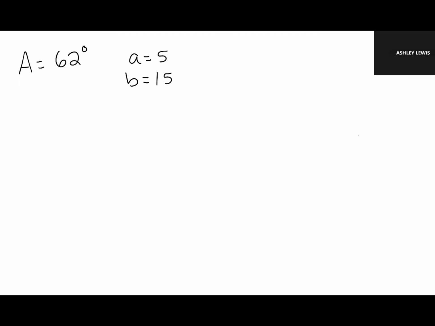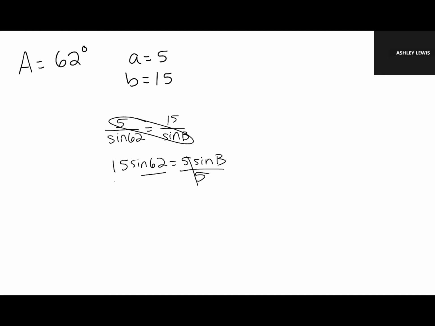All right, this problem, if I do it algebraically, I can do 5 over sine of 62 equals 15 over sine of b, and then I'll cross multiply. Divide by 5. Okay, so if I type this into the calculator, I get 2.64884.